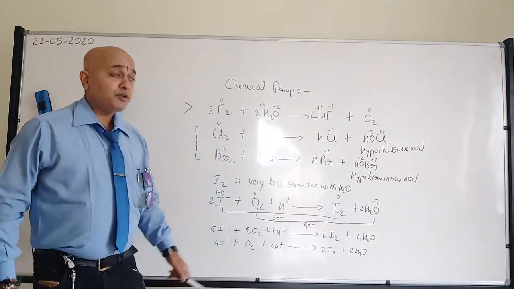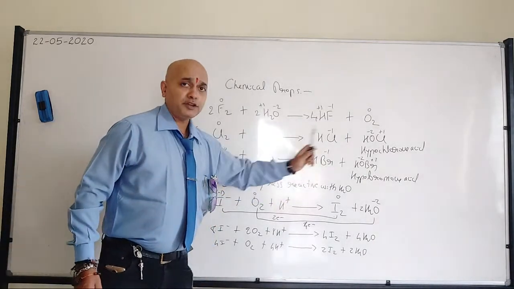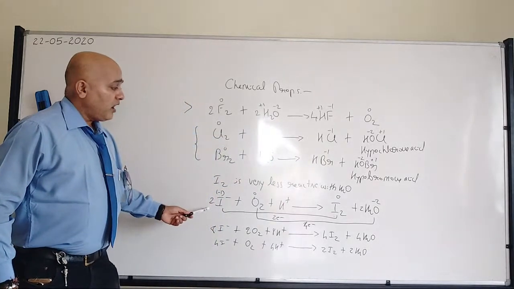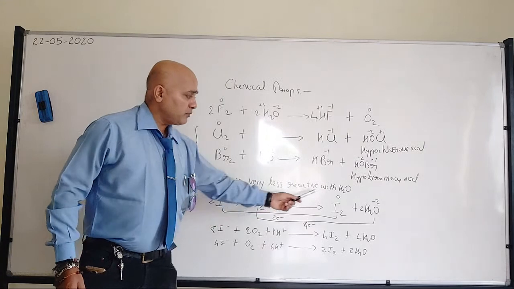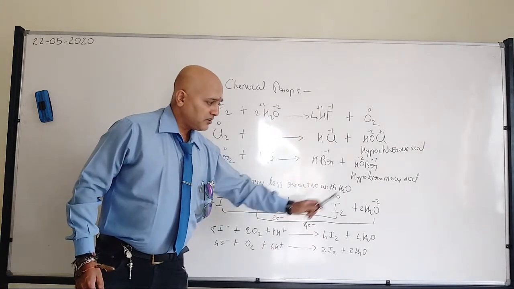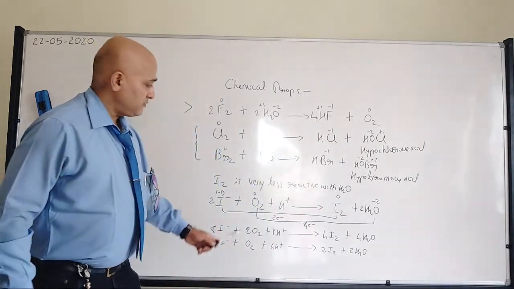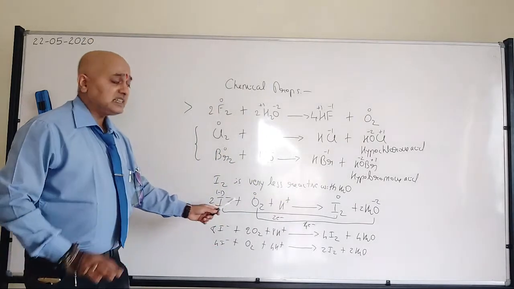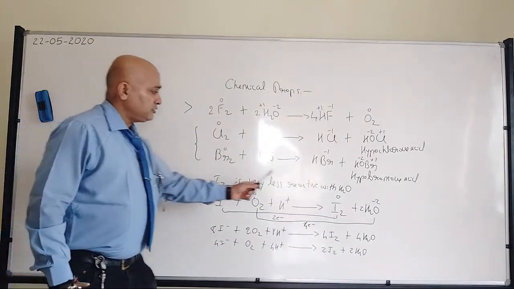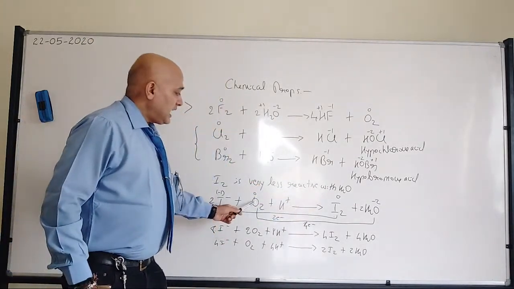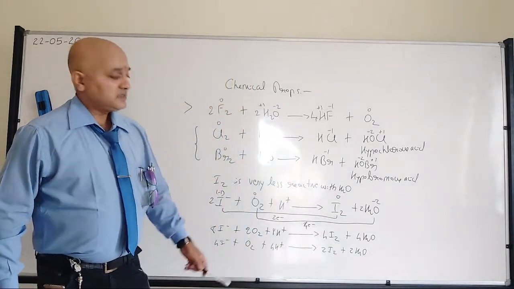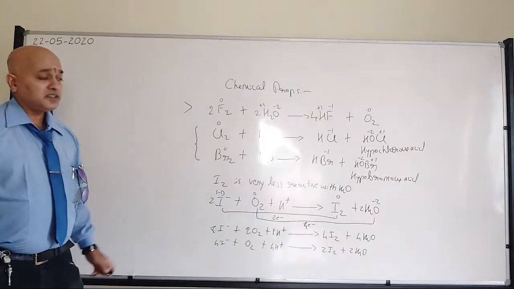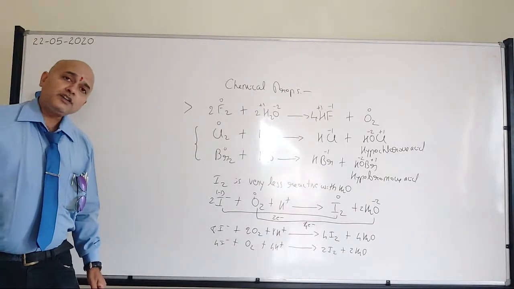If you force them to react, then a similar type of product you can expect. Or if I take iodide, they are going to react with the oxygen molecule to form iodine molecule and water, where oxygen very easily oxidizes iodide to iodine, and itself gets reduced to -2. So that's what these reactions talk about. All of you have understood?